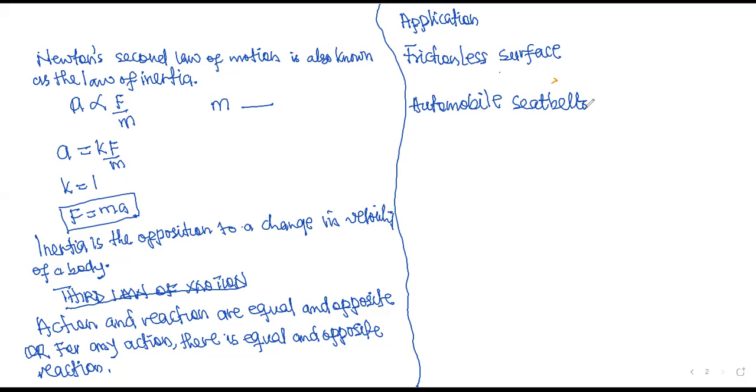Passengers are also not allowed to stand at the upper deck of double-decker buses, because when there is a brake, you will be thrown out and you can fall heavily and then be injured. Then, application of the third law. The third law has a lot of applications.